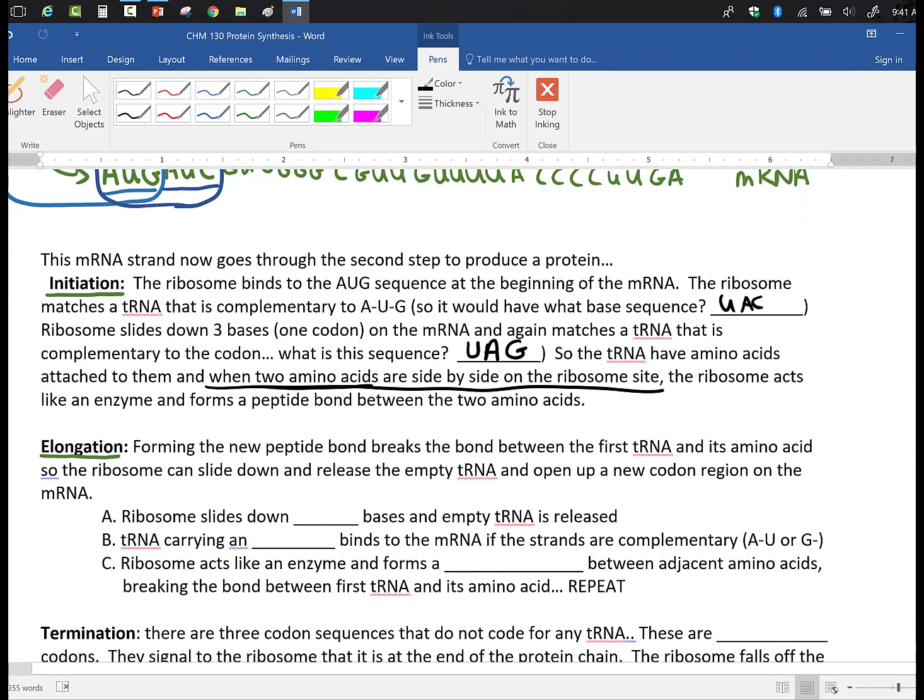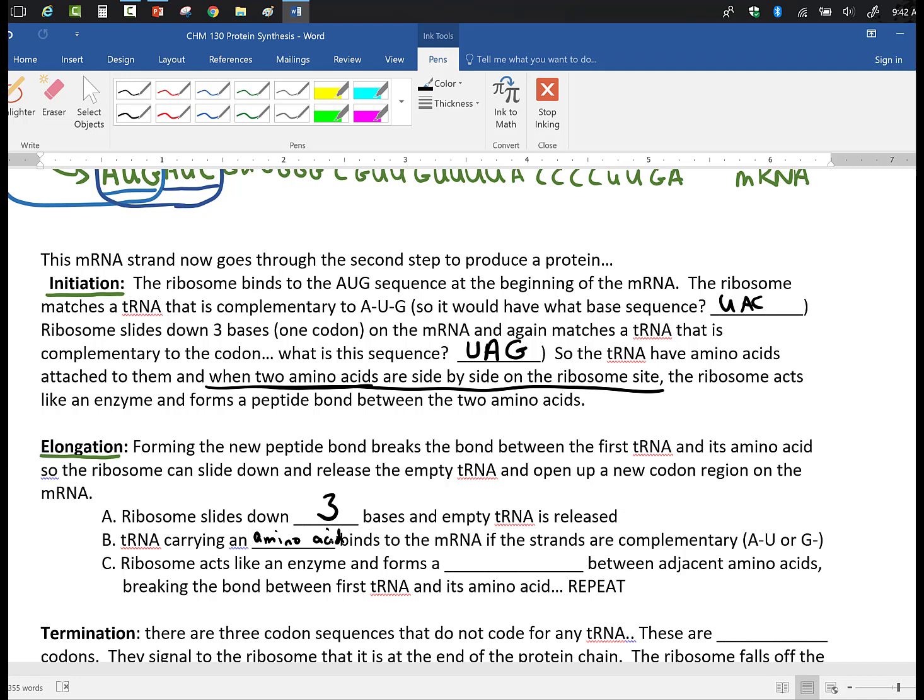In elongation, there are three steps that always happen. The ribosome slides down how many? 3. It's always 3 because the genetic code is that set of 3 bases. So it always slides down 3 bases. A tRNA, which carries an amino acid, binds to the mRNA, and you've got to make sure the strands are complementary.